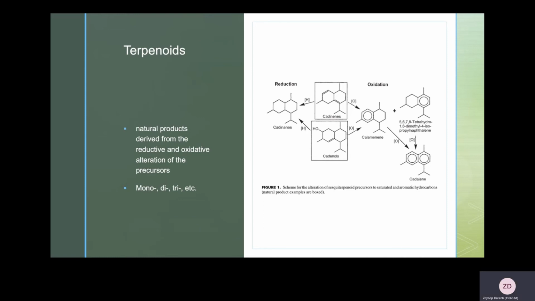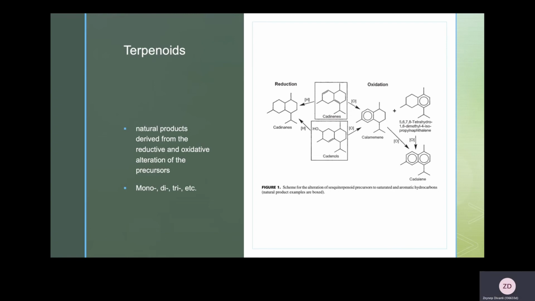The figure represents alteration of sesquiterpenoid precursors to saturated and aromatic hydrocarbons. These natural products are used as biomarkers to identify terrestrial organic sediment or the atmosphere.